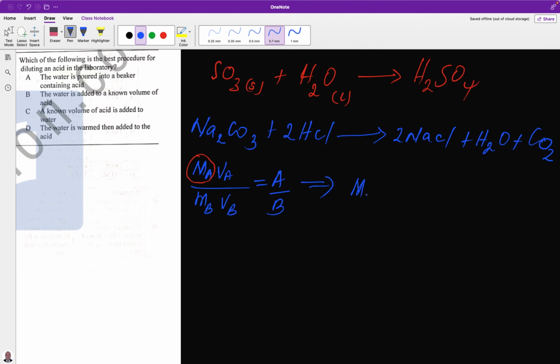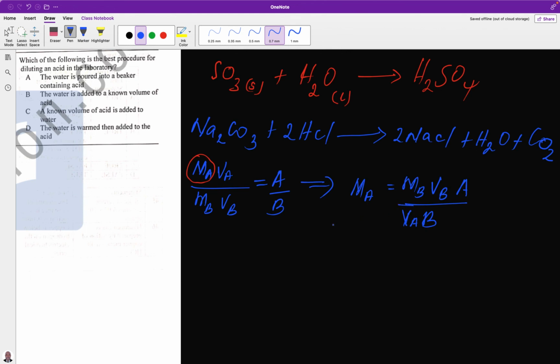We rearrange the equation. Ma will be equal to Mb Vb A divided by Va and B.